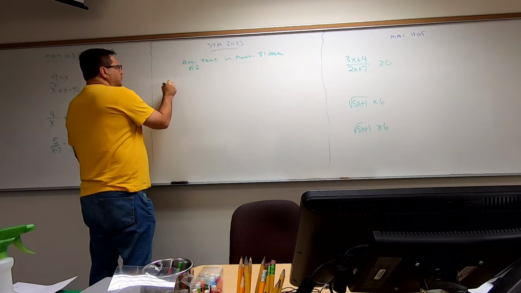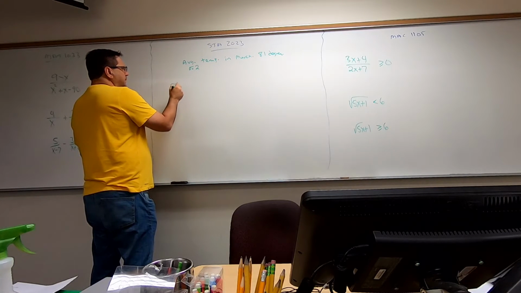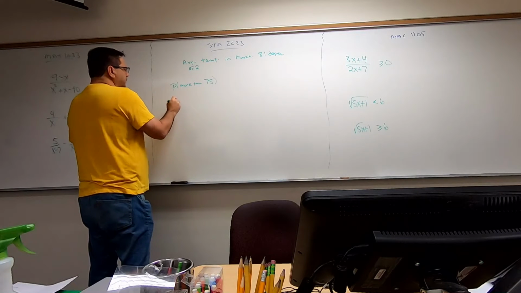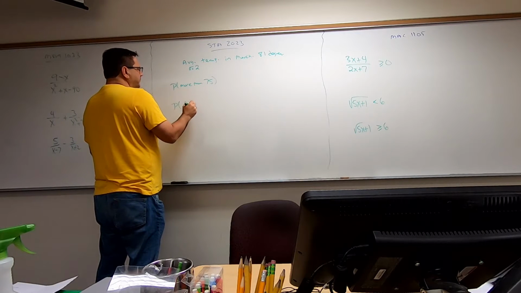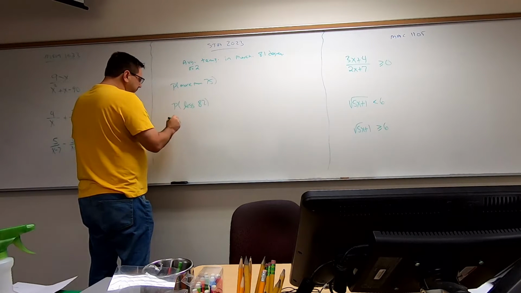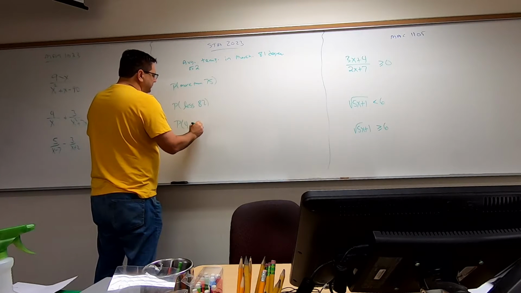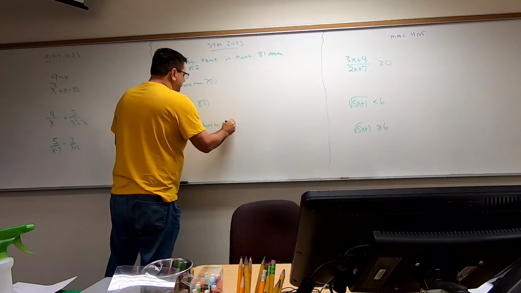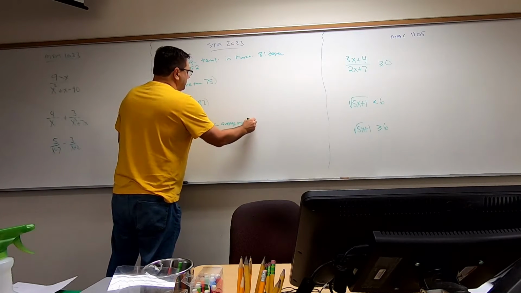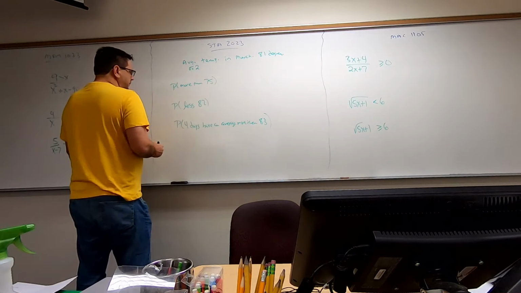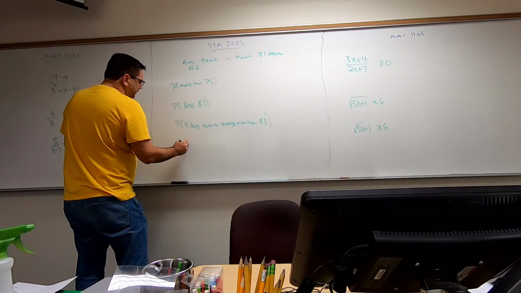We want to find the probability that we pick a day and it's more than 75. We want to find the probability that it's less than 82. We want to find the probability that 4 days have an average more than 83. And we want to find the top 5%.